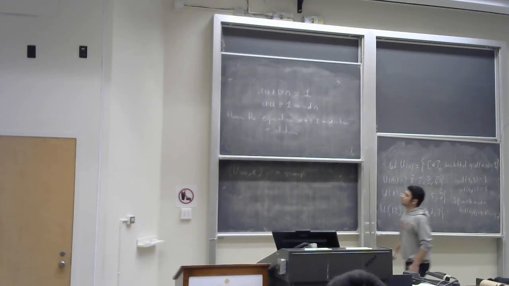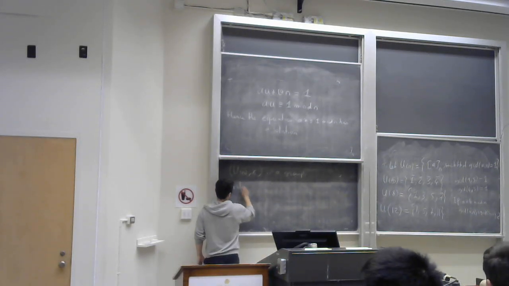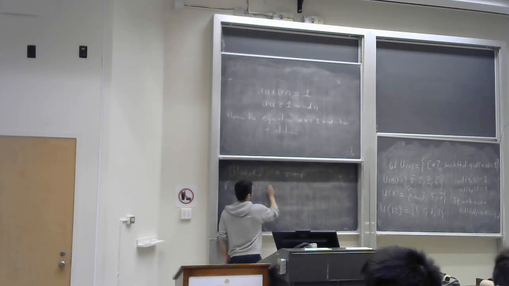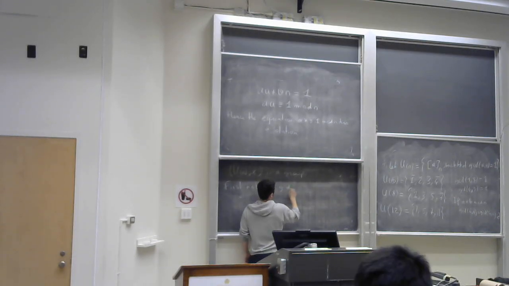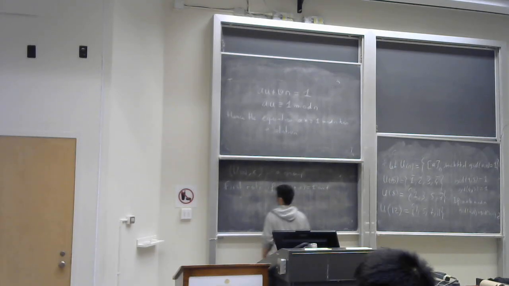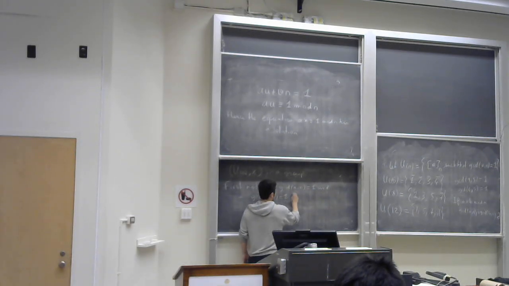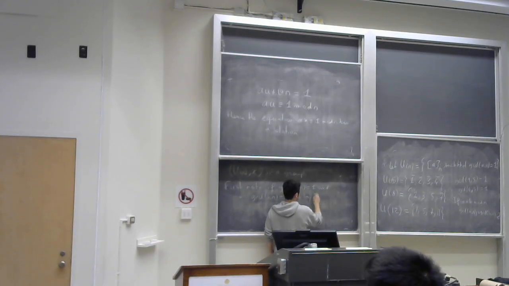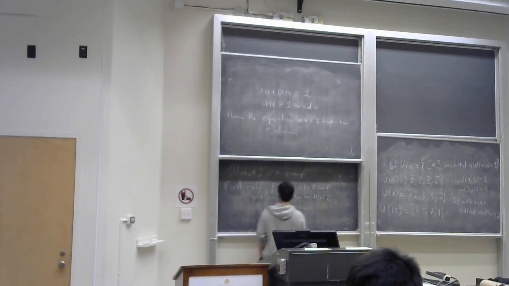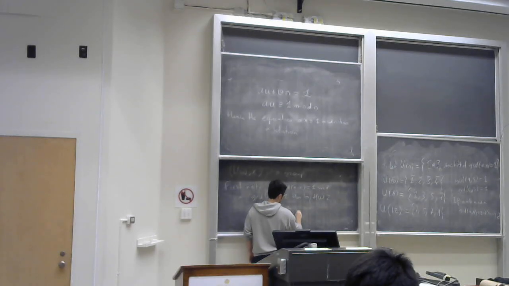First, note: if gcd(a, n) is 1 and gcd(b, n) is 1, then by homework 2, we proved that gcd(ab, n) is 1.